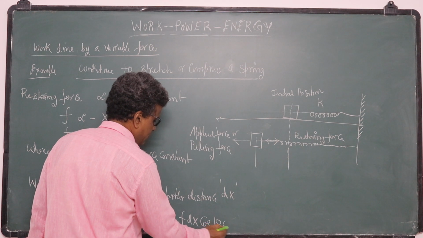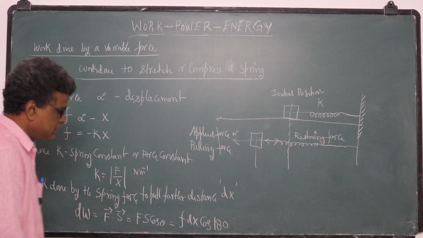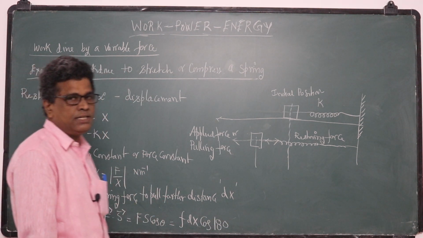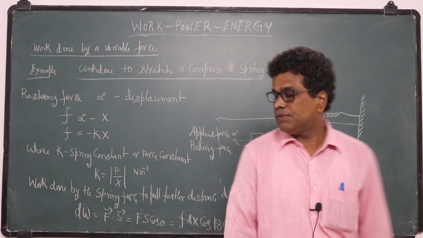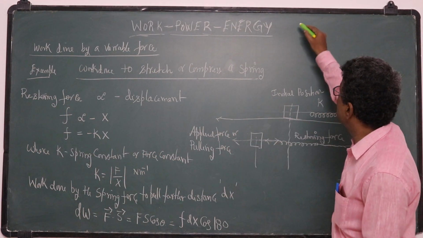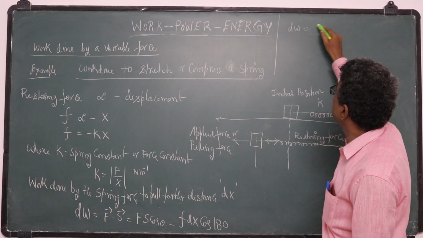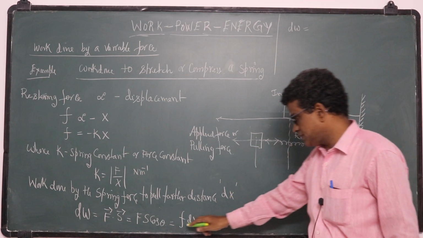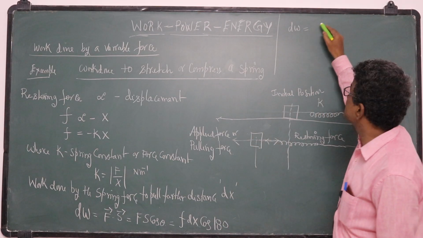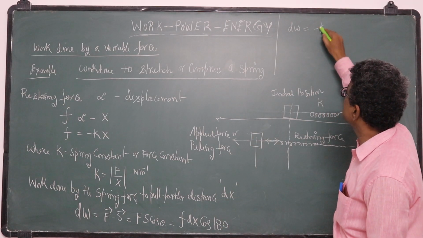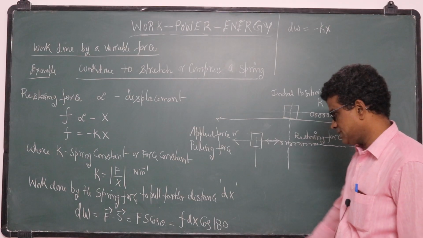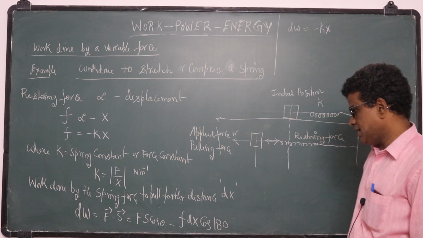The angle between force and displacement is 180, and cos 180 is minus 1. So dw is equal to F dx, where F is minus kx, so minus kx into dx.